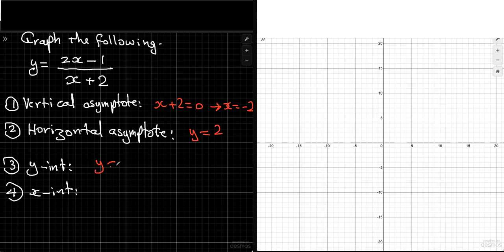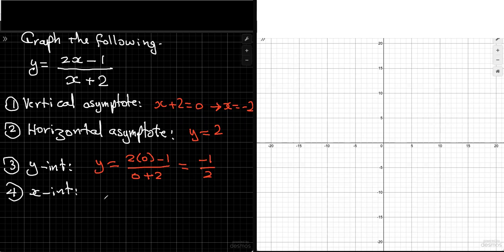So therefore, y equals 2 times 0 in the equation on top there over 0 plus 2. So now that's 2 times 0 is 0 minus 1 is negative 1, and 0 plus 2 is just 2. So the y-intercept is negative 1/2.